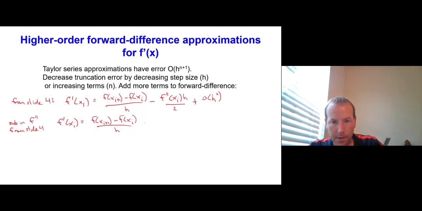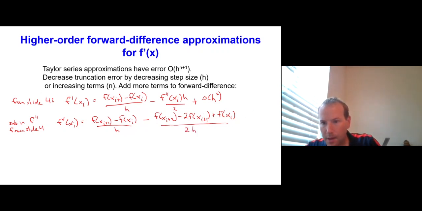Okay, and we're going to be subtracting minus f of xi plus 2 minus 2f of xi plus 1 plus f of xi divided by 2h, and this is going to be on the order of h squared.